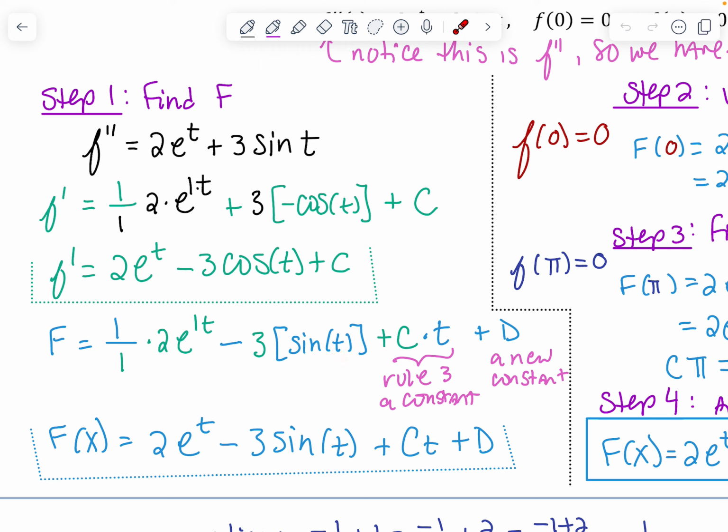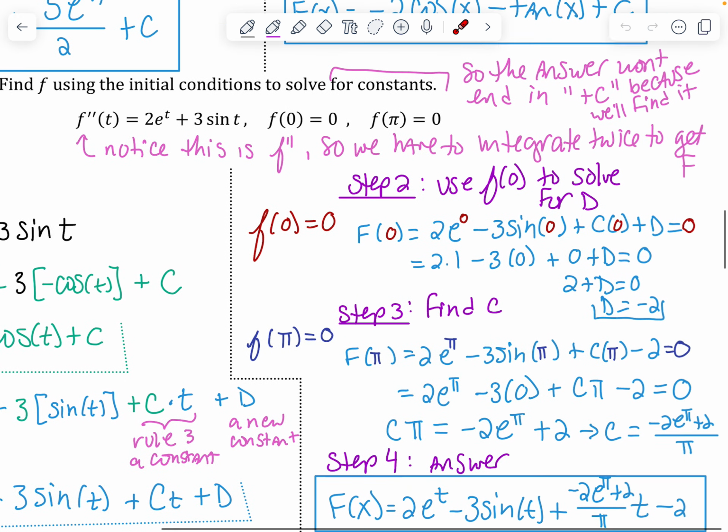My variable is t, so instead of being c times x, it's c times t, and I need a new constant when I take the antiderivative, because the derivative of this would lead to a plus 0 if I was checking my answer. So I now have an antiderivative from the second derivative, and I am going to solve for c and d. So let's look at that.